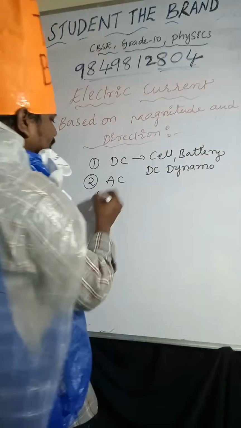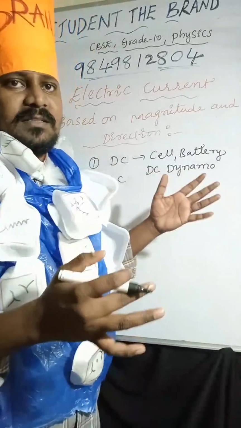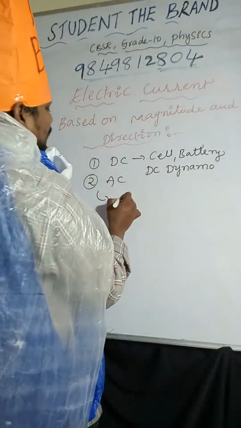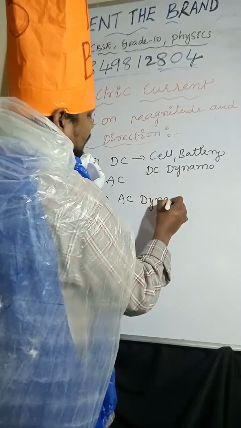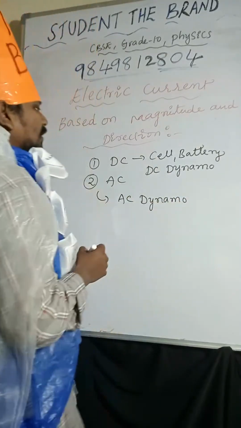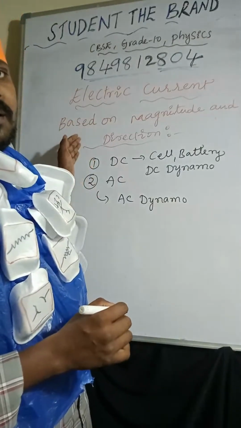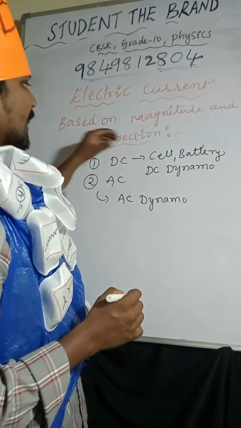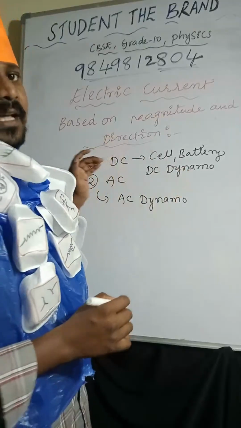Coming to alternate current, both magnitude and direction change. Example, AC dynamo. So direct current and alternate current.